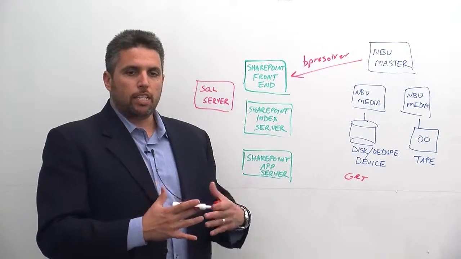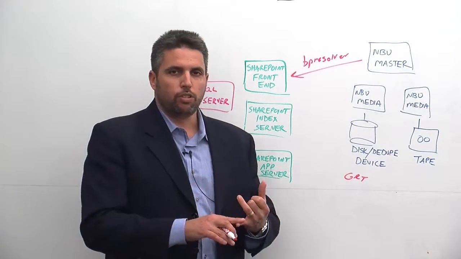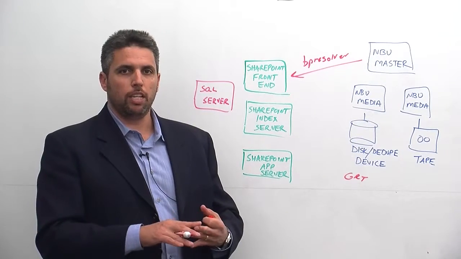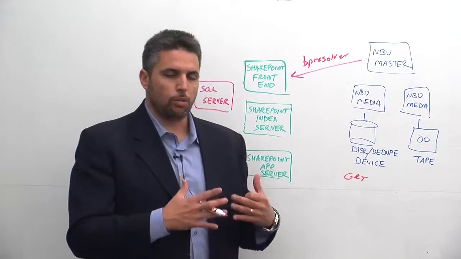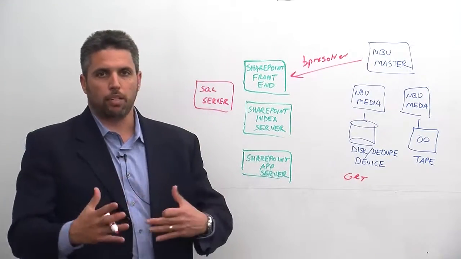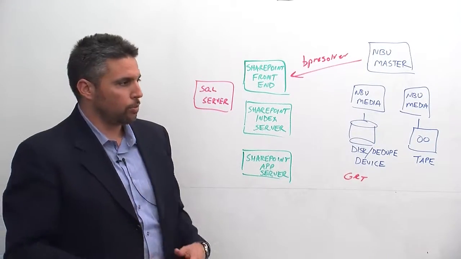What I mean by that is GRT functionality means individual lists, blogs, wikis, documents, sites, subsites. NetBackup also provides support for versioning, and we talk about that in the restore.